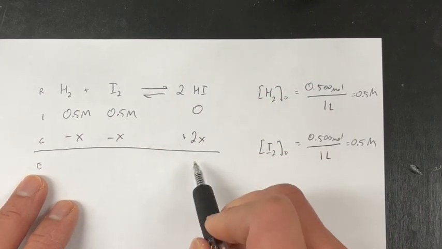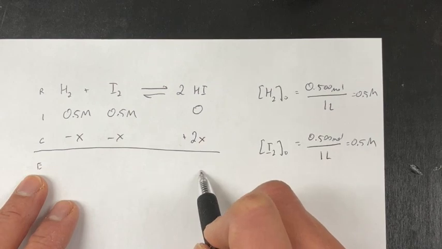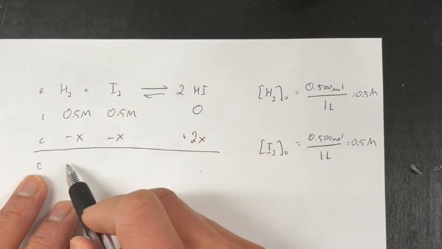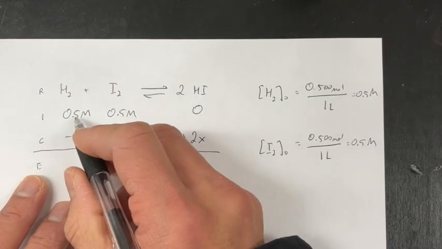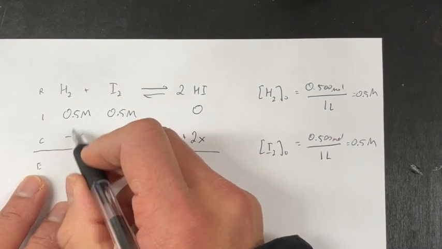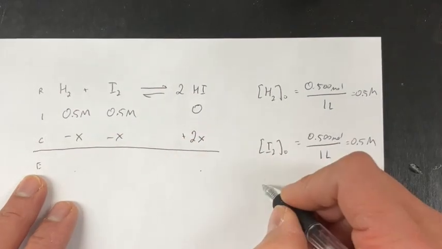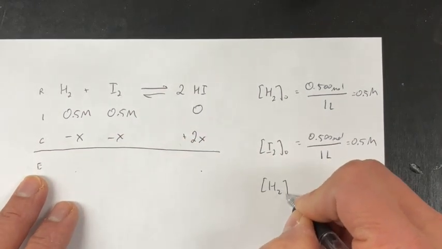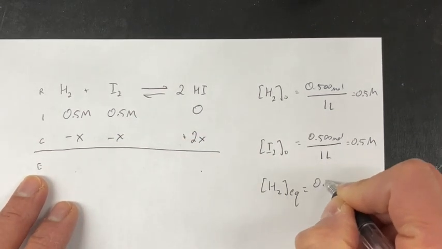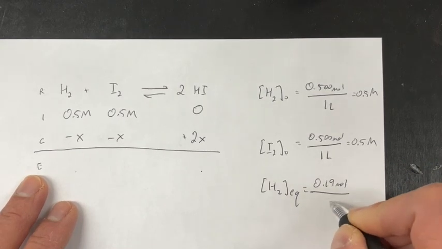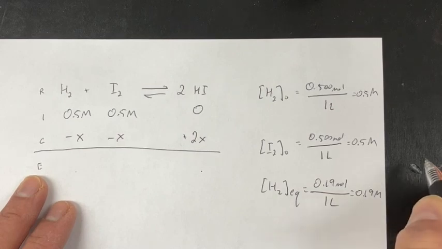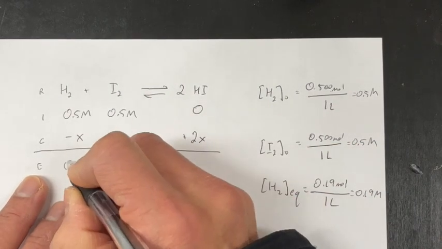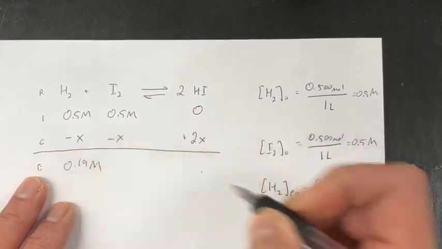But now I don't have this value, but I do have H2, which says it went down to 0.19 moles, in a 1 liter vessel. So I'll write it out: H2 at equilibrium, 0.19 moles over 1 liter to molarity, so it's 0.19 molar. So this is now 0.19 molar, okay?